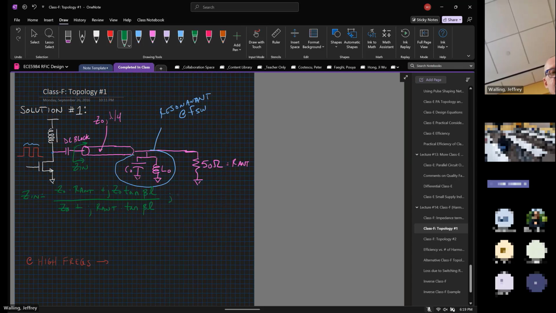Of course, we've already dictated that beta times L is equal to lambda over 4, or 90 degrees.